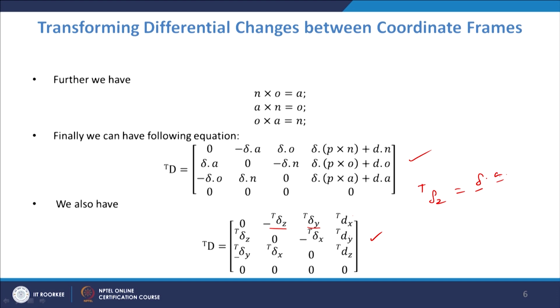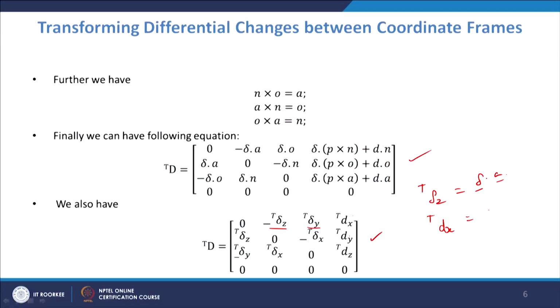If you take the dot product between the two, that will give the angular velocity about the z axis of the current frame T. Similarly, we compare, for example, dx T, the linear velocity along the x direction of the current frame, which is given by del dot p cross n plus d dot n.